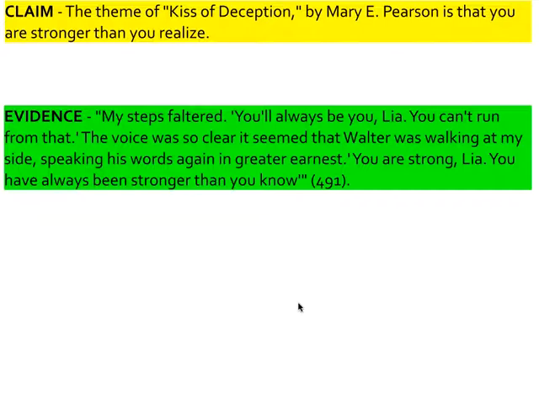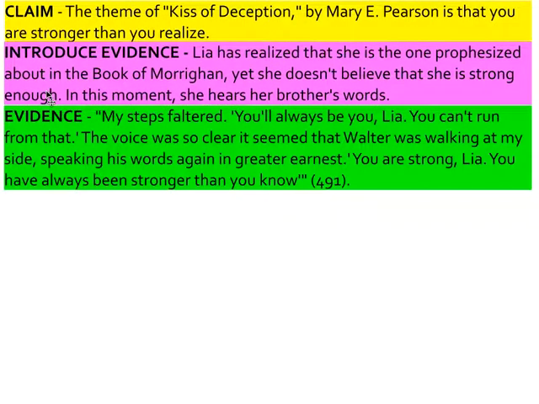So what does my reader need to know? If you had never read this book, which most of you hadn't, what did I tell you yesterday that helped you understand this evidence? Well, I told you that Leah had been prophesied about, right? To save her kingdom. She was the one that had to save her kingdom. I also told you that Walter was her brother and had recently died. So here's my introduction.